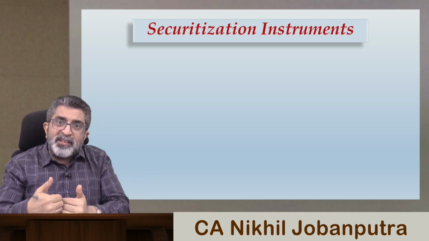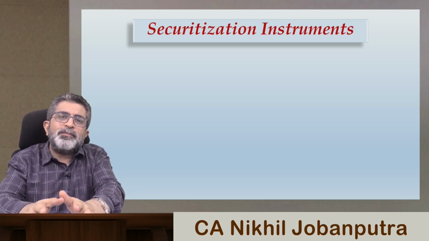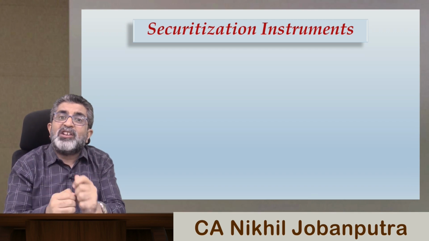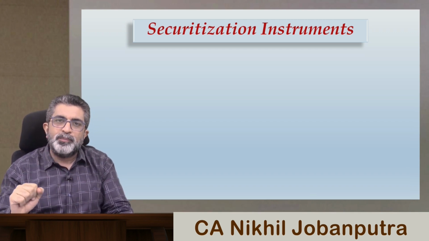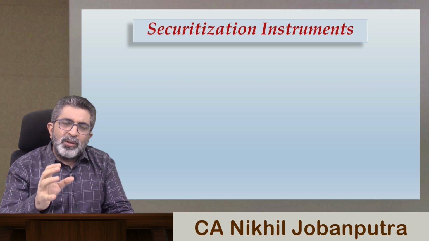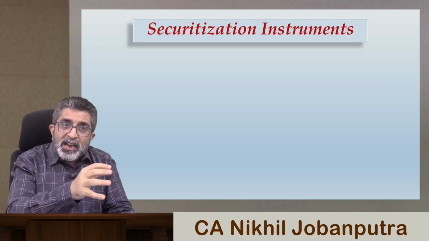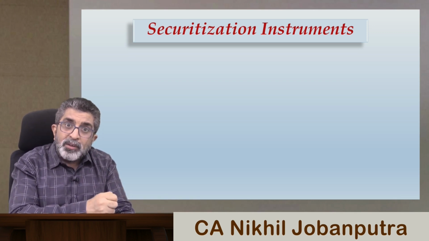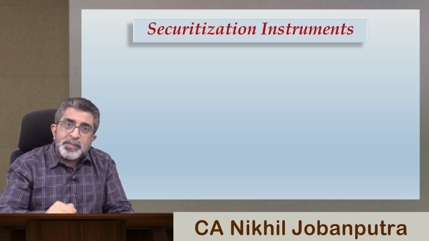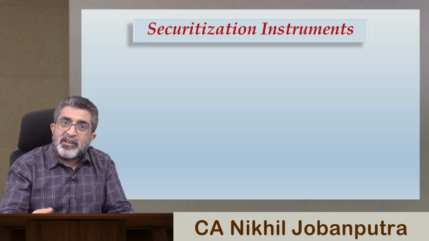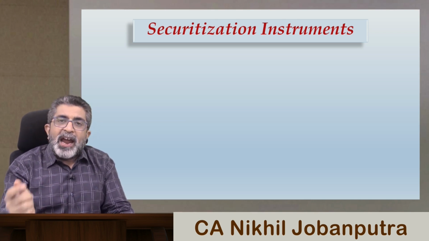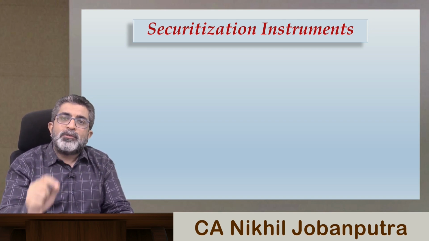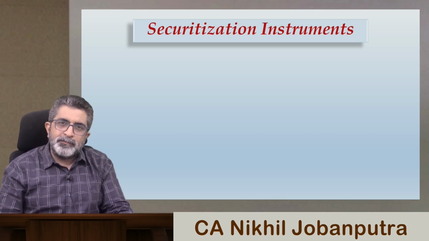Whatever payments are coming are passing through the special purpose vehicle, which is not restructuring them. Imagine if there are any prepayments made by the borrowers, then the SPE will also have to make prepayments to the investors, and therefore investors are at big risk with a pass-through certificate.